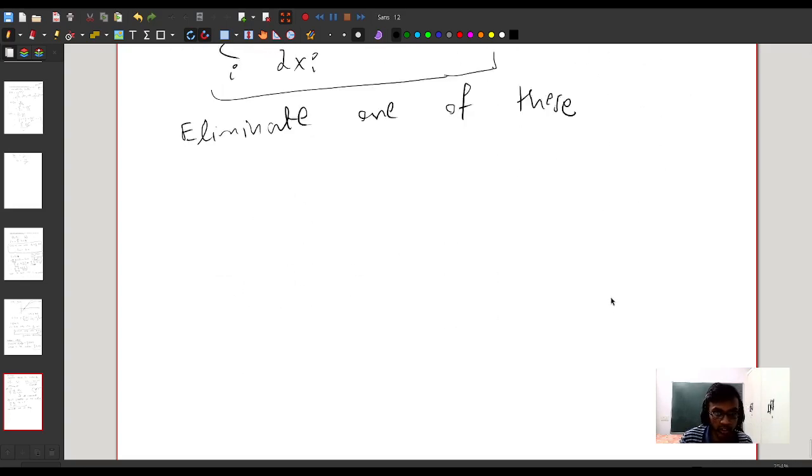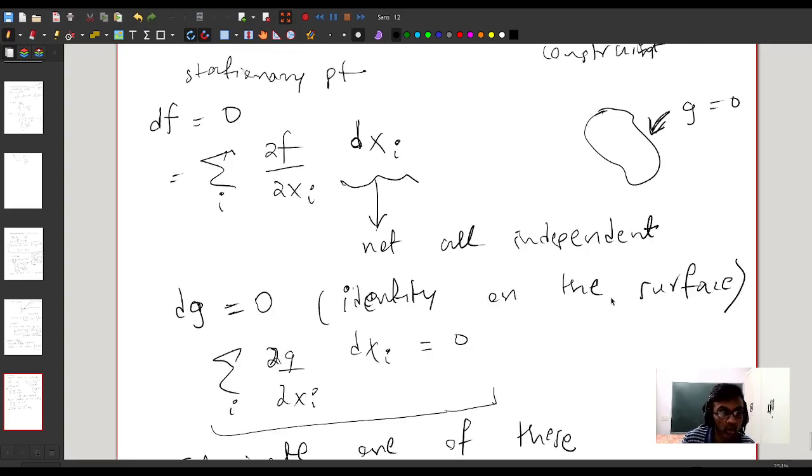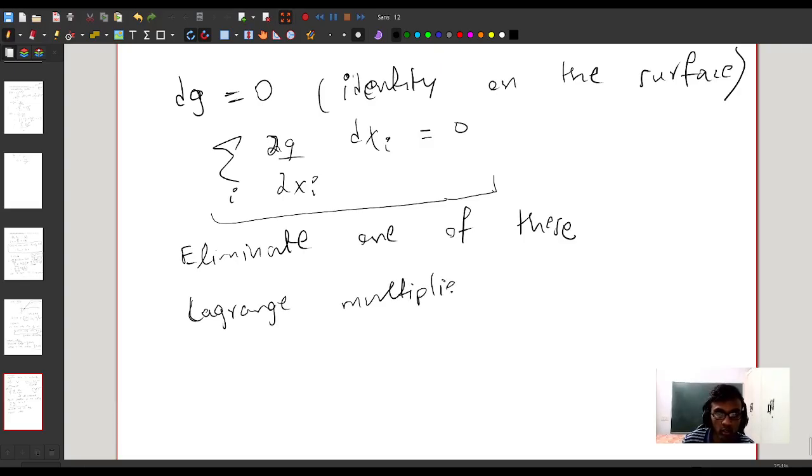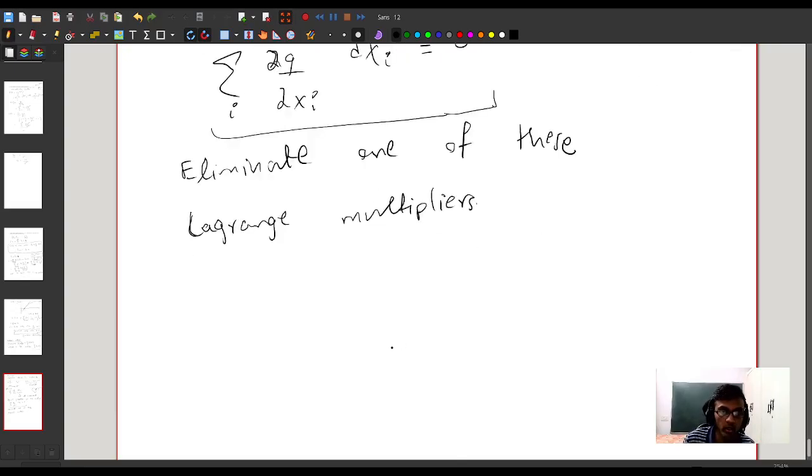There's a very nice method to do this. It's called the method of Lagrange multipliers. The process goes as follows.